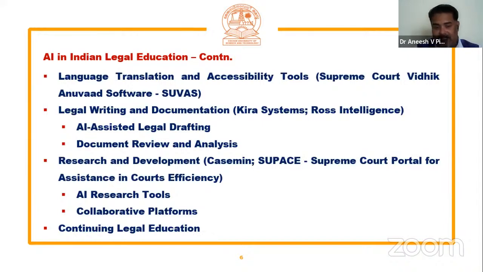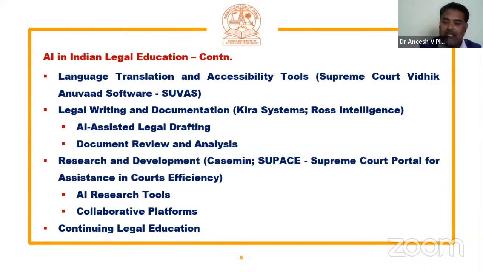Then language translation. Nowadays, even our NEP also says legal education should be conducted in vernacular language. And even some universities are already offering legal education in their local language or vernacular language. But interestingly, most of our cases and international documents, etc., are in English. Even textbooks are also in English.